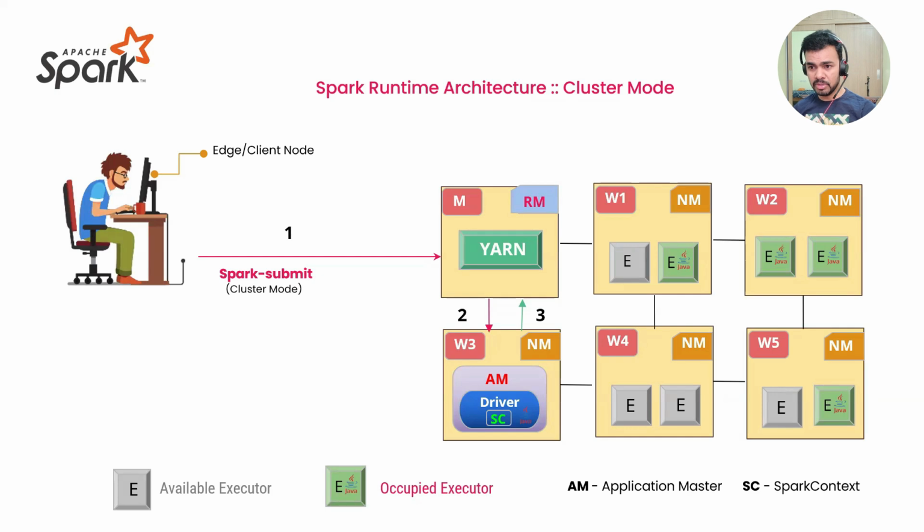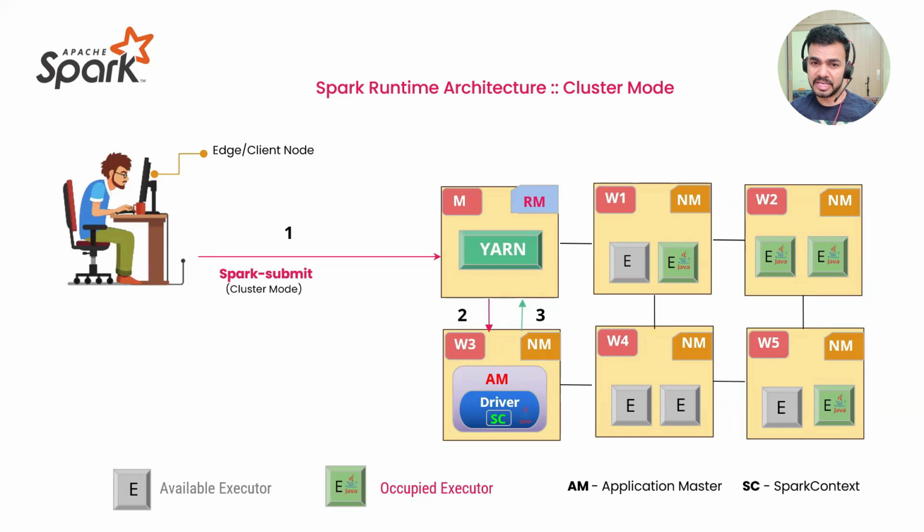Now what it will do, this driver or Spark session will send these 4 tasks. Who will decide these tasks? The driver will create these tasks. Let us say my data is 512 MB, how many tasks will the driver create? 4 tasks. Then it will send these 4 tasks to these executors.